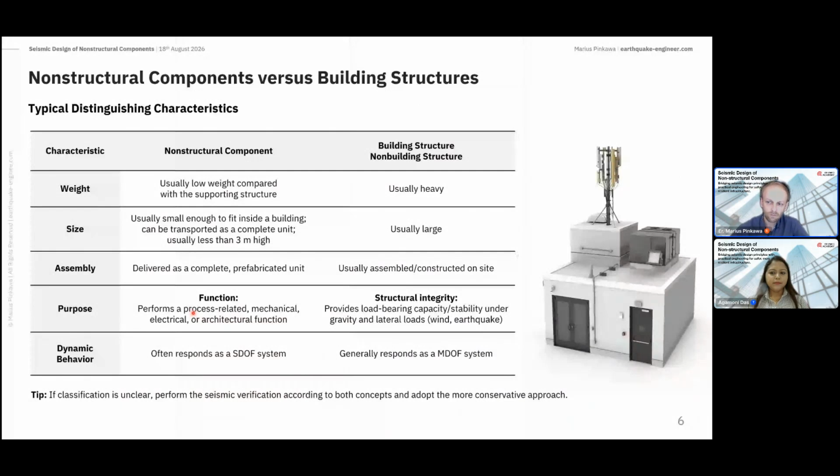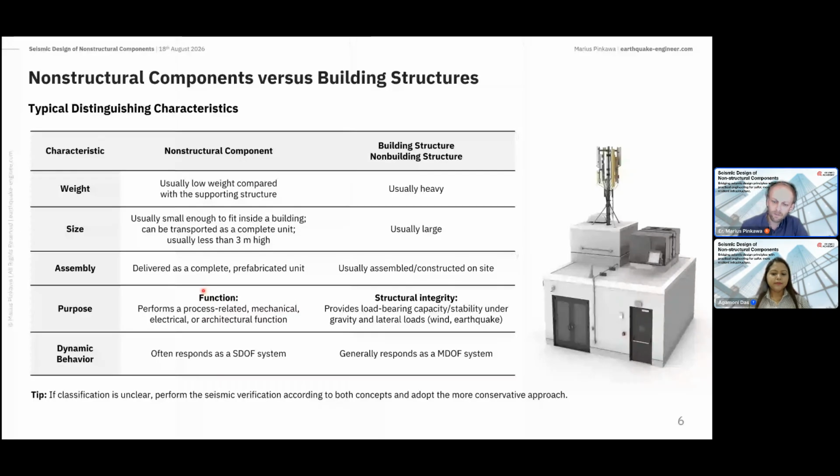It is not much mass. It is a small size. It is delivered as one component, and then we attach it to the building structure, and it serves a specific purpose. So there is a function behind it. Otherwise, we wouldn't attach this component to the building.